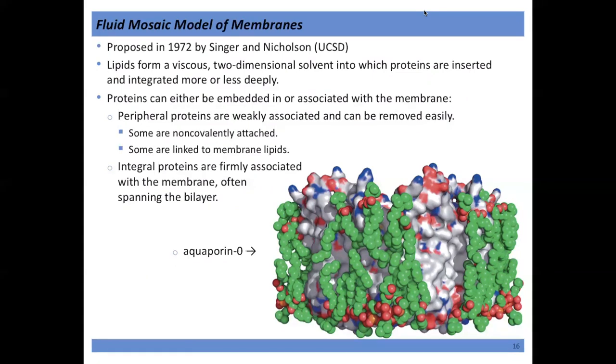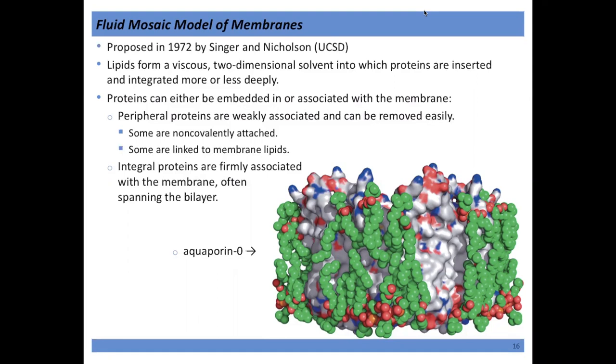And so, again, the lipids form a viscous layer, so they resist flow, but they're two-dimensional. And the proteins can be inserted and integrated into these bilayers, but they can be in a couple different ways.